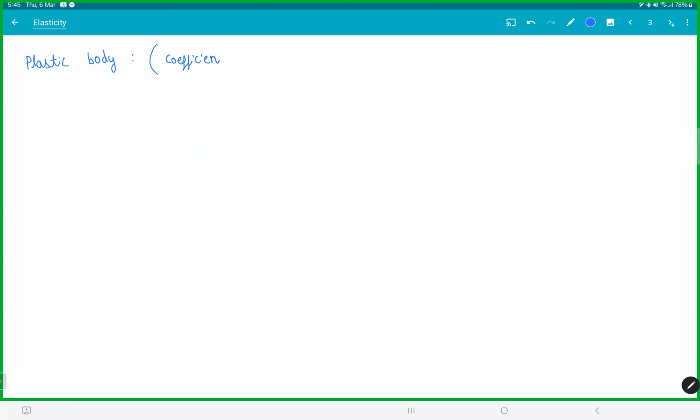Best example, your chapati dough. You try to deform it, you push it with your finger and you remove the finger, it doesn't recover at all. Basically, these things have no internal restoring forces. Such kind of bodies are called plastic bodies. They do not resist.